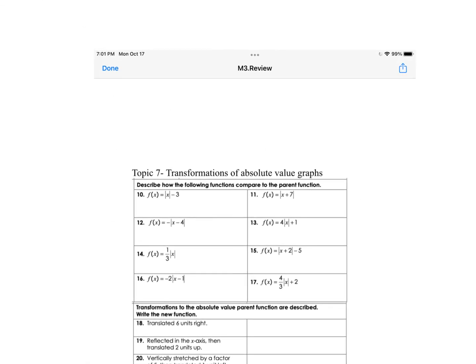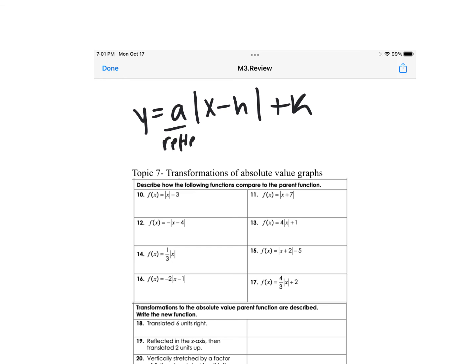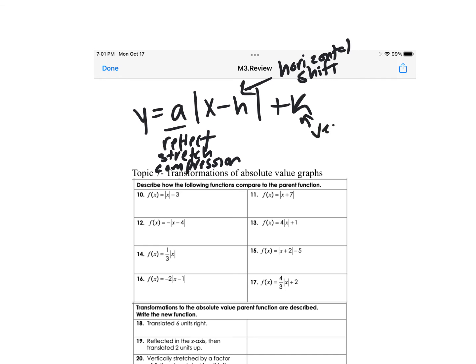Next, transformations. And we talked about the vertex form, A times absolute value of x minus h, plus k. A controls reflections, stretch, and compression. H controls the horizontal shift, so left and right. And K controls the vertical shift.